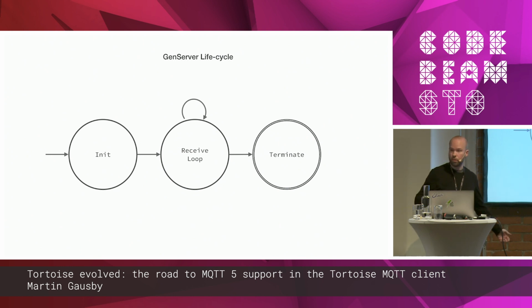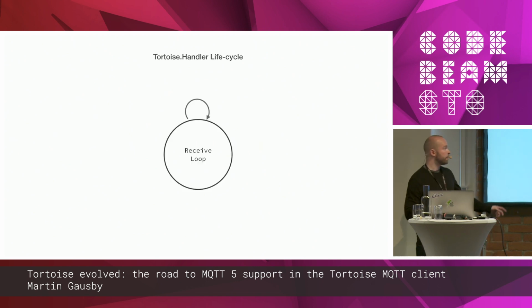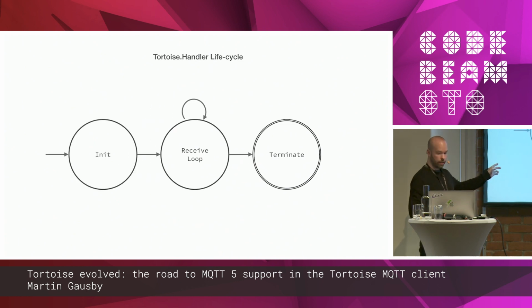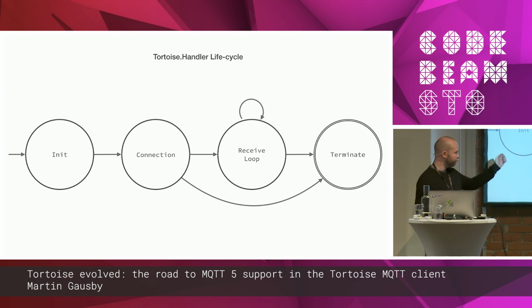This is all well and good, and we know about this already. So for the Tortoise handler, how would we do that? Once we're connected to the broker, we have a receive loop, and we handle the messages that we subscribe to, like incoming, and we do so until we reach the terminate phase, and then we have our init. But this is basically a gen server. What's up here? We actually have a connection phase as well.